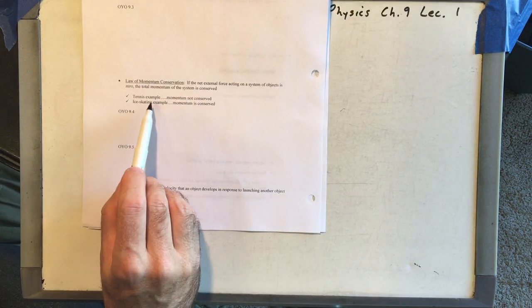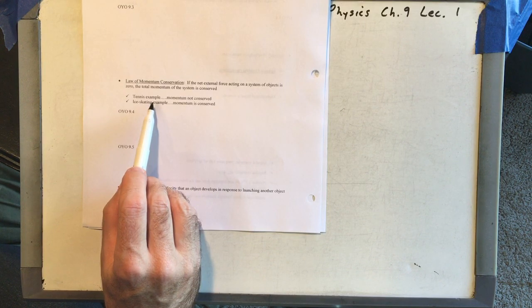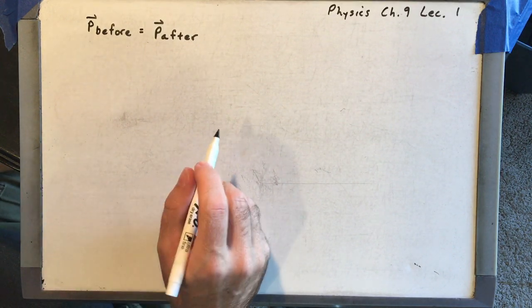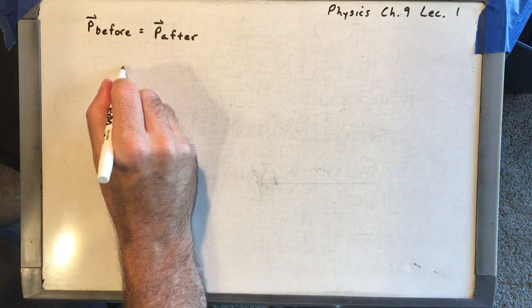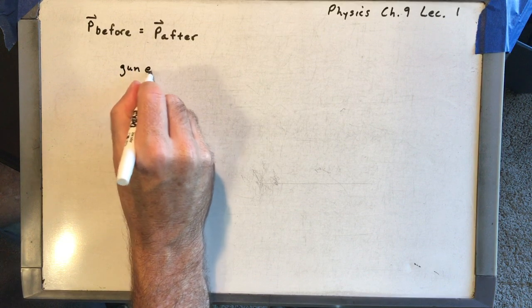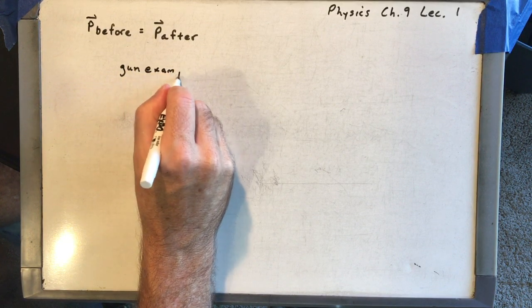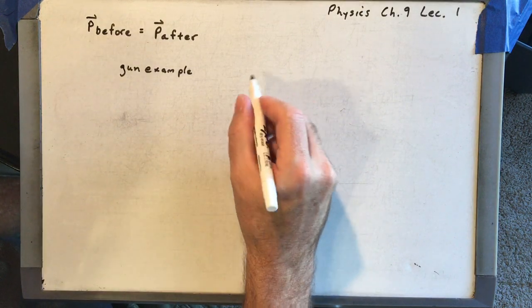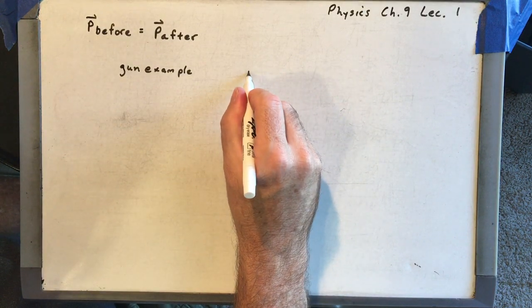Okay, so I've already given the tennis example. Let me give you a different example. Let's call this a gun example, an example of momentum being conserved. So, man, I'm a terrible artist.